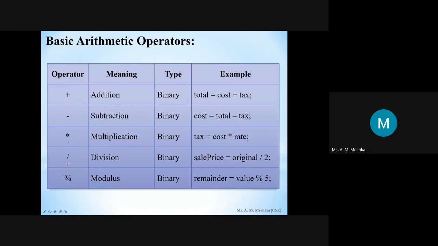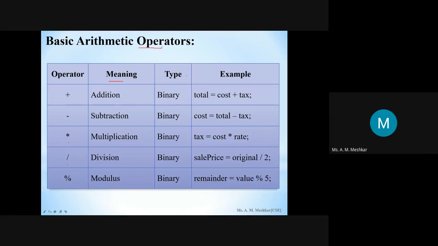This is a slash, a forward slash, representing the division operation, and this is the modulus operation. So their meaning is given in the second table. I hope you are taking down the notes. Draw the tables while I am explaining each and every operator category. So addition, subtraction, multiplication, division, and modulus, their type.